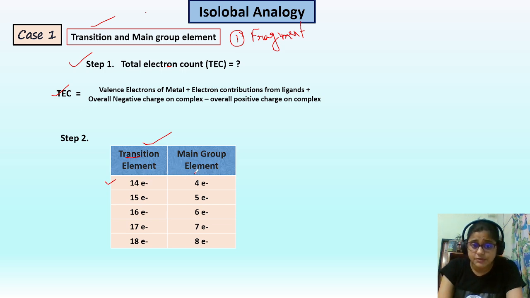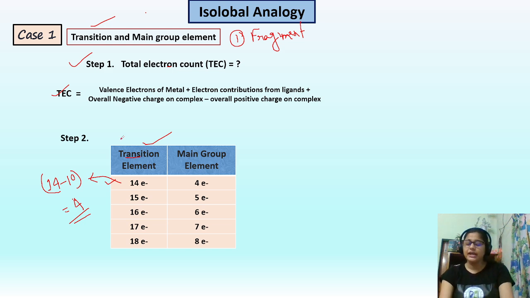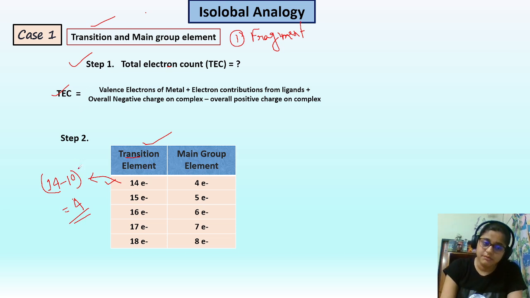We subtract 10 from the value found for the transition metal, so it is now 4. Why 10? Because these are d transition metals having d electrons. So remember this one: you should compare it with 4. In the same way, if we subtract 10 from 15, it will be 5.